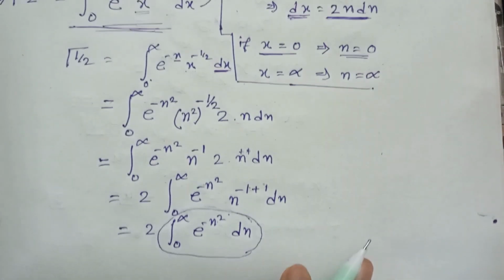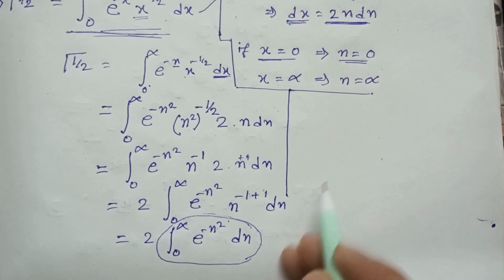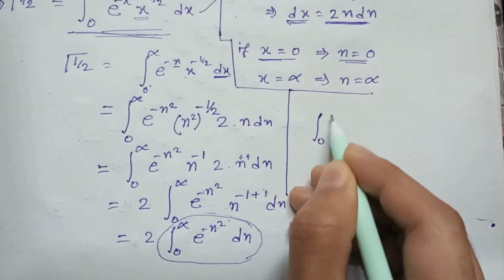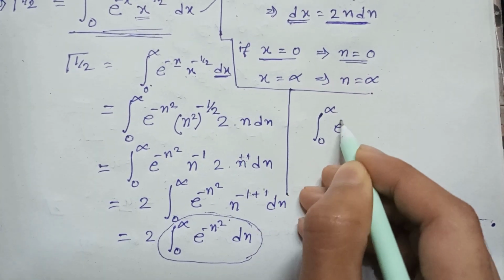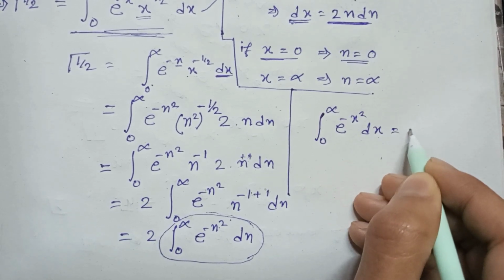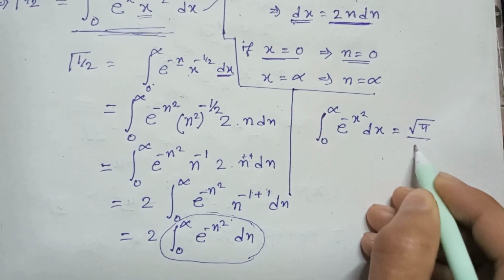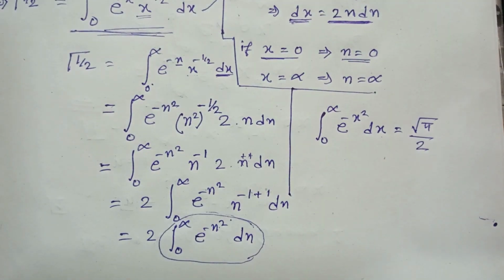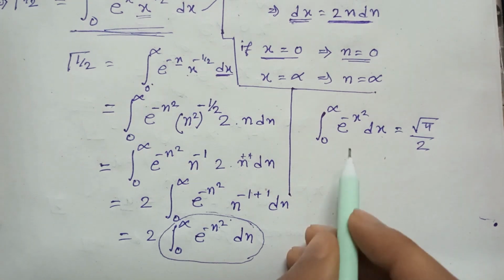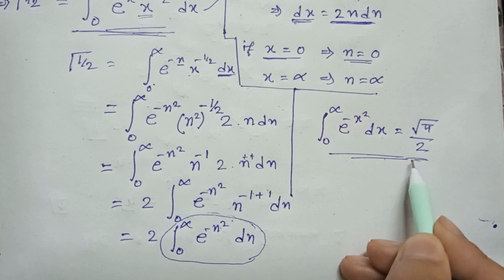If you remember, it has a certain value: the integral from 0 to infinity of e to the power minus x square dx equals root over pi by 2. There is a way to calculate this one, and I will discuss that in another video.